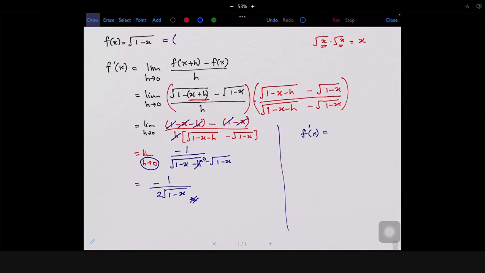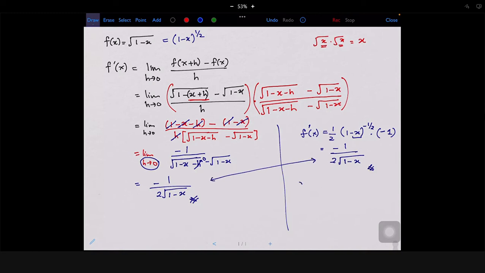Yang ni adalah 1 tolak x to the power of half. So the power rule adalah half ke depan, 1 minus x, half minus 1 is negative half, multiply by the derivative of the inner term tu adalah dapat negative 1. So negative 1 over 2 surd 1 minus x. So akan dapat the same answer.